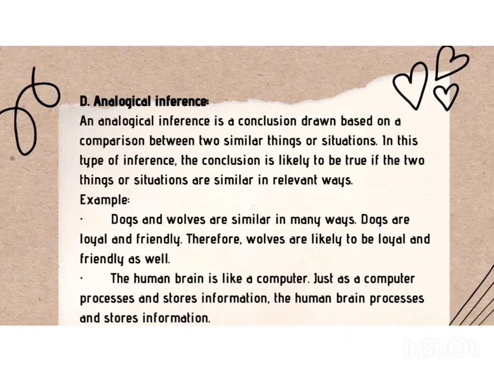The last one, we have analogical inference. An analogical inference is a conclusion drawn based on a comparison between two similar things or situations. In this type of inference, the conclusion is likely to be true if the two things or situations are similar in relevant ways.